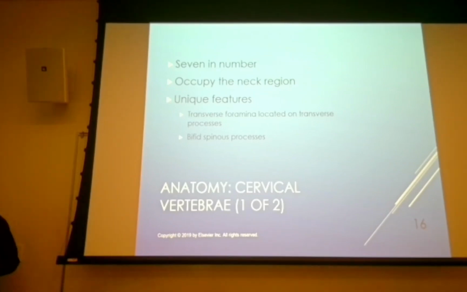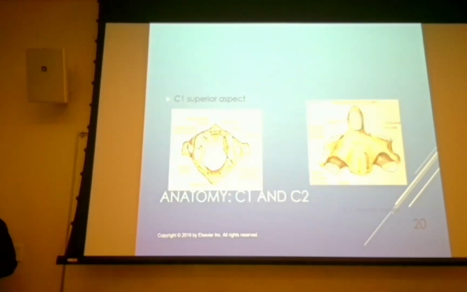So if you see a vertebra that's got a hole out here, and this is C1, so it's going to be a very small hole or very small transverse process. But if you see a hole in the transverse process, it's only going to be one type of vertebra. That's going to be cervical, right?